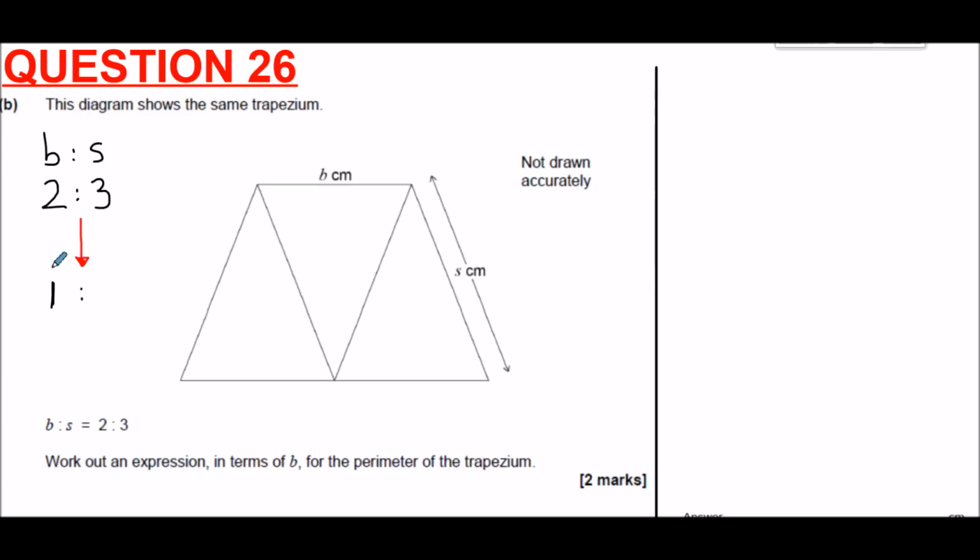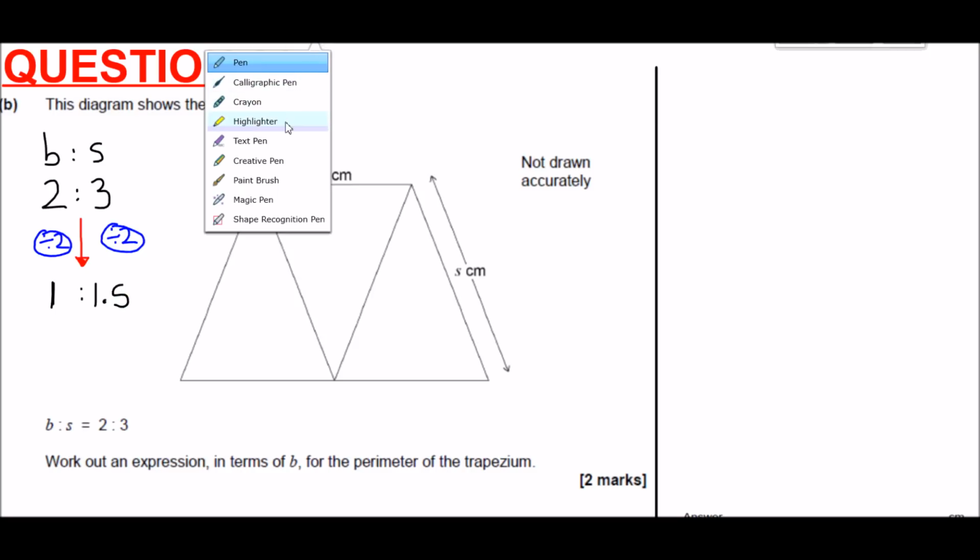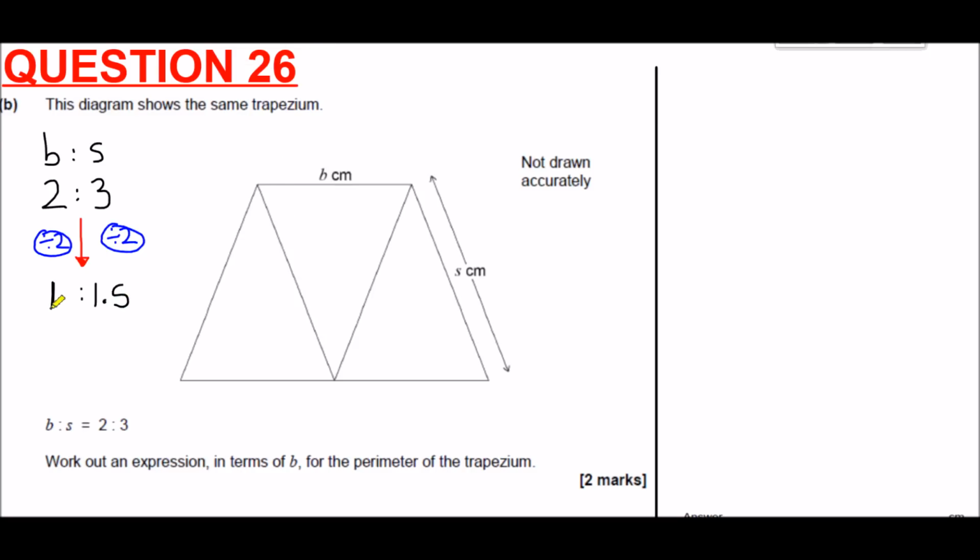So how do I go from 2 down to 1? I can divide by 2. But if I divide this number by 2, I need to divide the s number by 2 as well. So 3 divided by 2 is 1.5. By doing it this way, it makes the ratio and relationship easier to see.